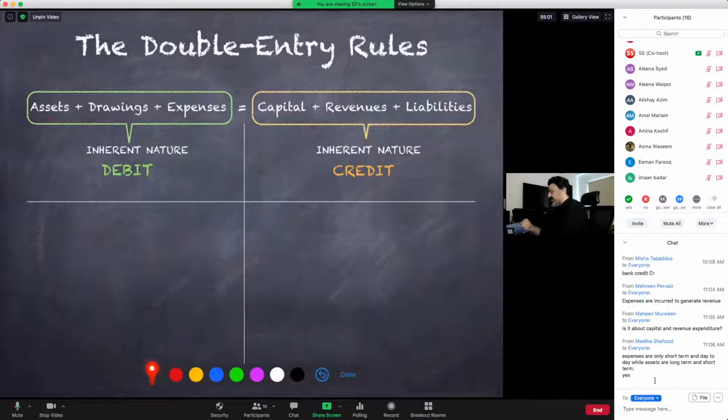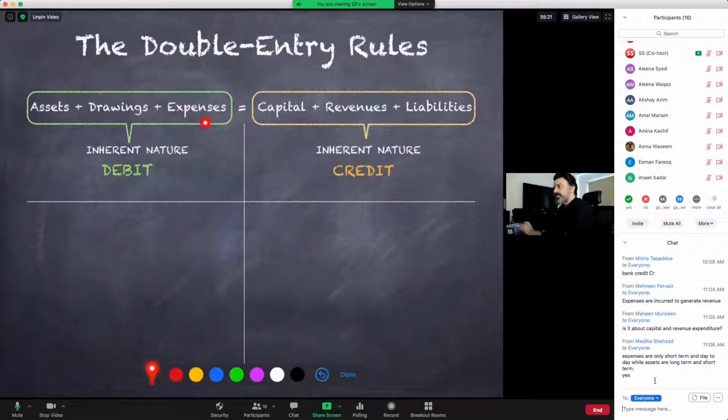And Madiha answered here in the chat box that your expenses, when we define them formally, we will define that expenses usually represent immaterial services. Somebody mentioned the tangibility point of view as well. I think it was Alicia.